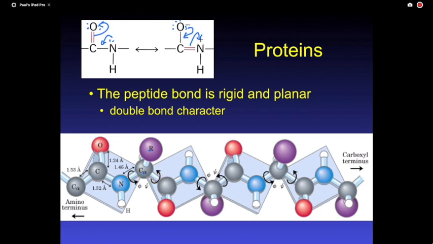So what I've done is this. If I take a string, I can ball up the string in a little tiny ball that's really compact. But that string would represent total freedom of movement, total rotation everywhere. The protein doesn't act like a string. The protein acts more like a chain.